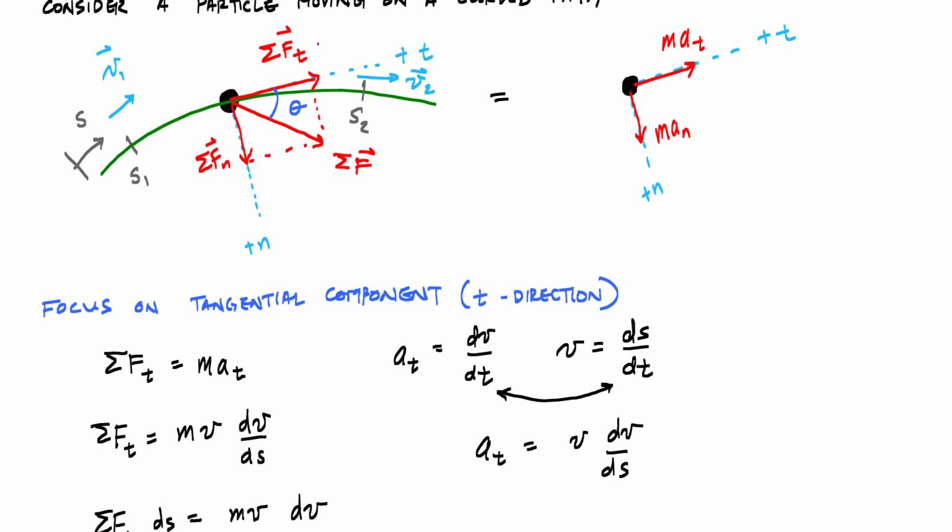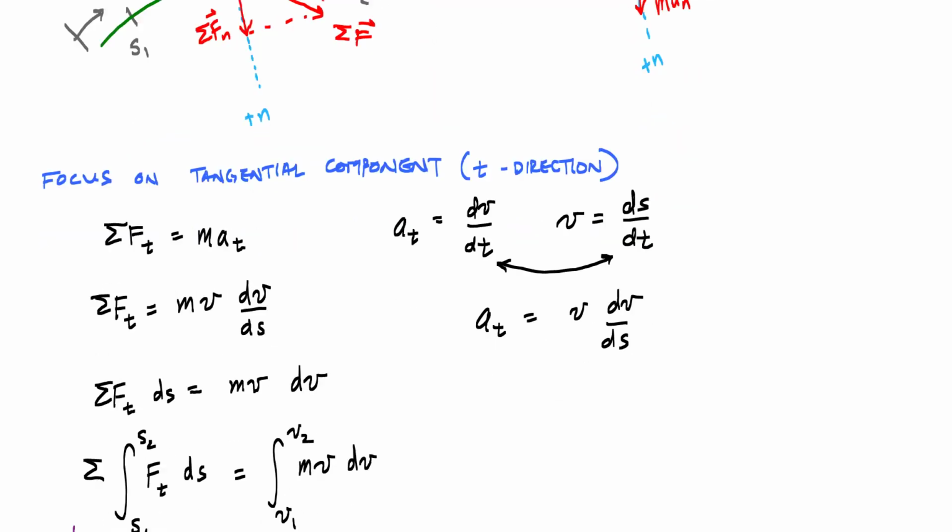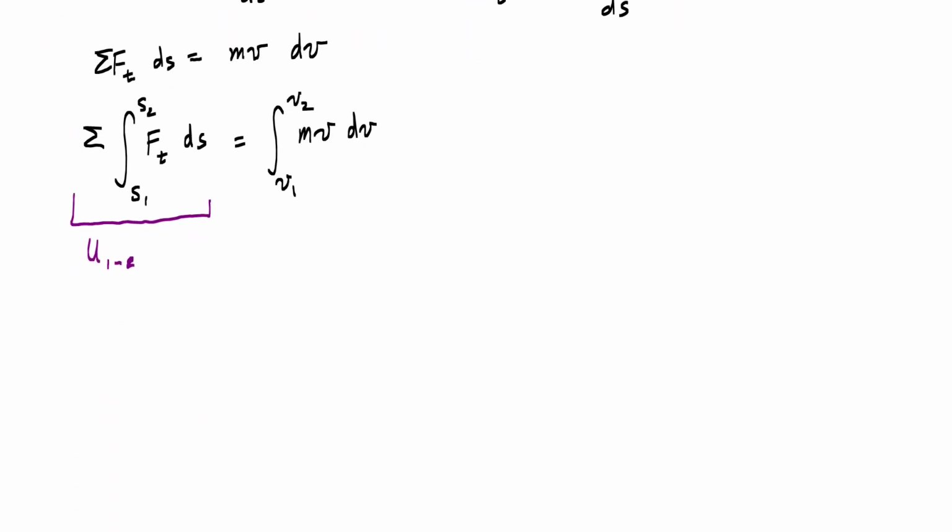So here, this Ft, do you see how this Ft is really also the sum of the forces times cosine of theta, or the component in the tangential direction. So another way that I could have expressed this is like this right here: the sum of the work it takes to go from 1 to 2.